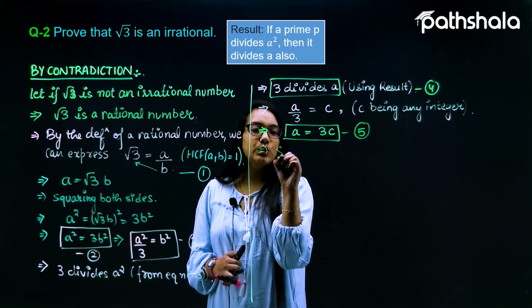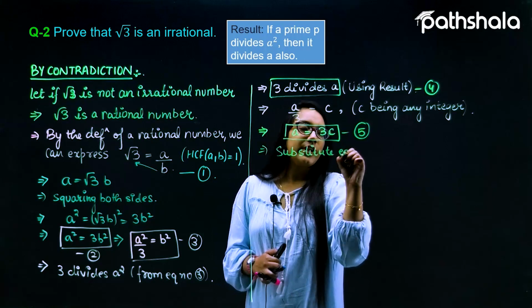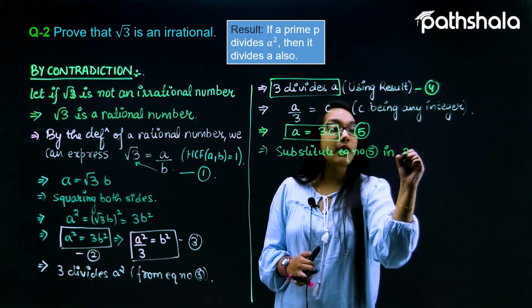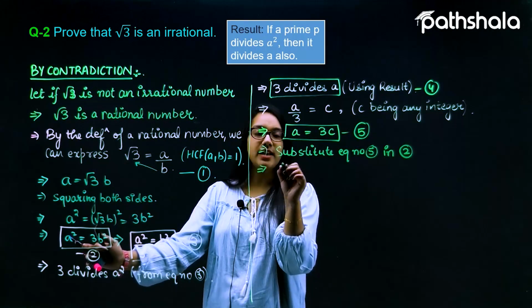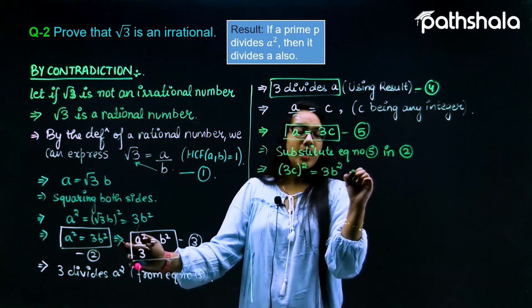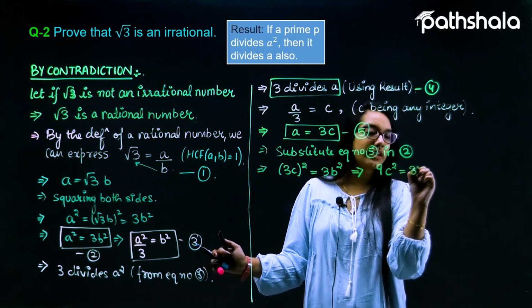Substitute equation number 5 in equation number 2. If we substitute the value of a as 3c, we get 3c whole square equal to 3b square. Solving it, we get 9c square equal to 3b square.